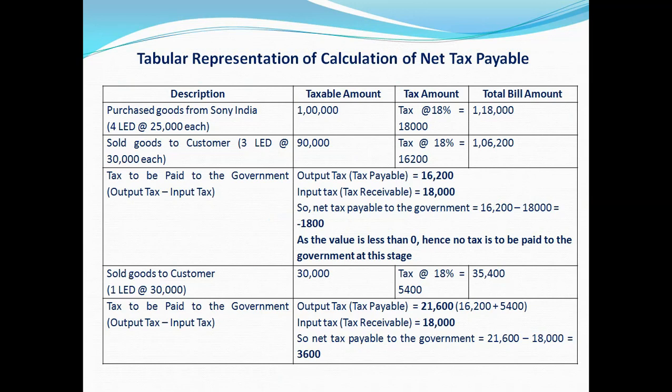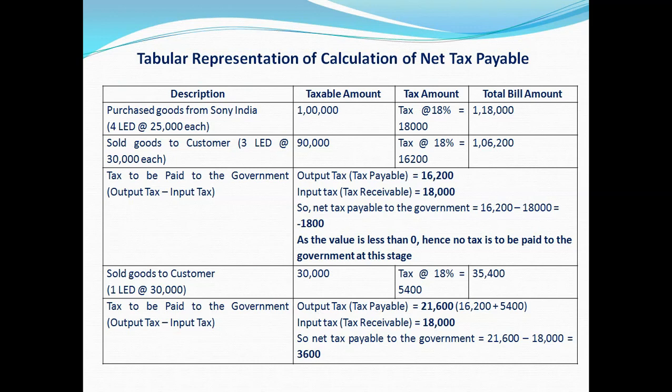Suppose a company has purchased 4 LED TVs at the rate of 25,000 each, so the taxable amount is 1 lakh rupees. Tax is charged on these goods at the rate of 18%, so the tax amount is 18,000. Now the company sells 3 LED TVs at the rate of 30,000 each and the taxable amount is 90,000. The percentage remains the same, 18%, and the tax amount is 16,200.